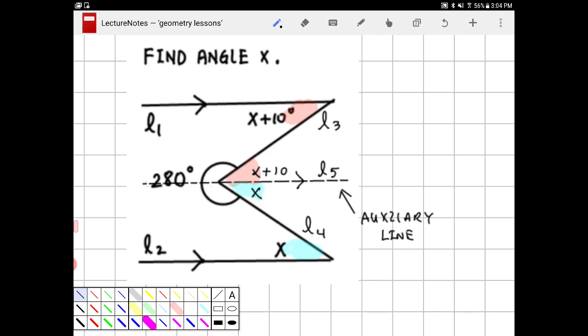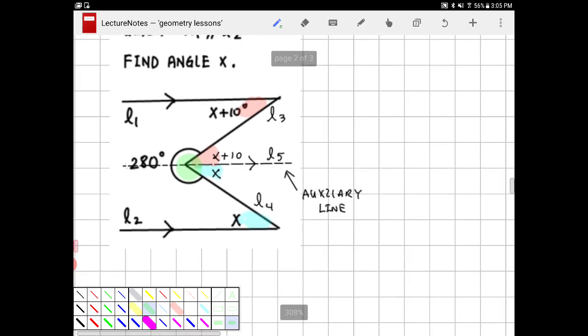And we're almost done. What I'm highlighting right now in green, that whole angle there, those are explementary angles. If I combine 280 with the x plus 10 and the x, we recognize that all three of those angles should add up to 360.